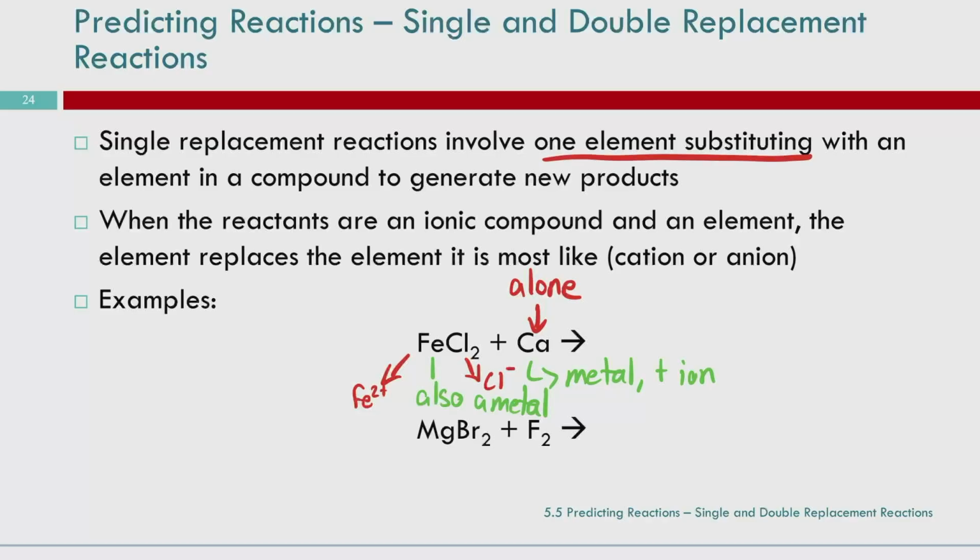All right, so our calcium is going to replace our iron. So we'll have calcium 2+ plus Cl minus, and then all by its lonesome will be iron. Iron's going to have a neutral charge because it's by itself.